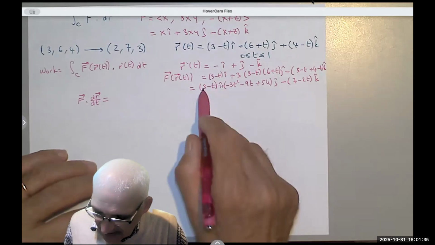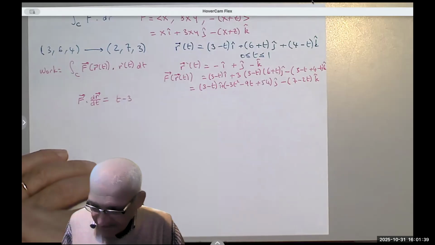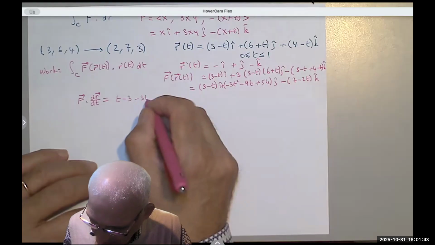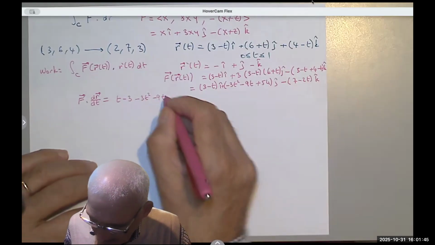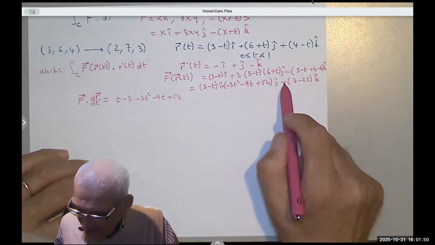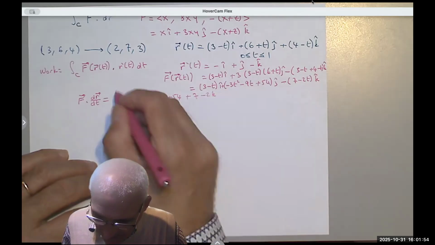Negative 1 times 3 minus t, it becomes t minus 3. Then 1 times that, it means I'm going to write these as they are. And then negative times negative is positive, so plus 7 minus 2t.